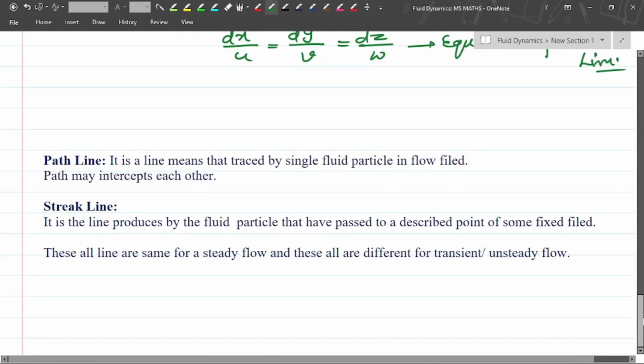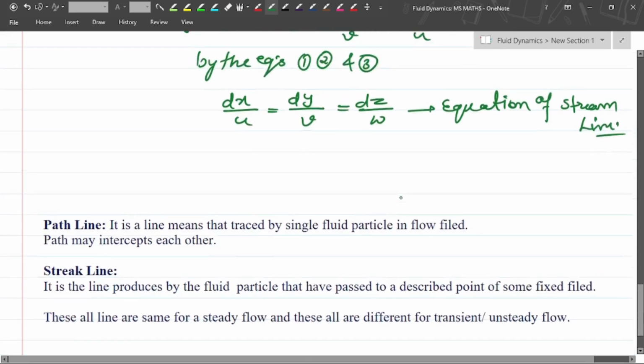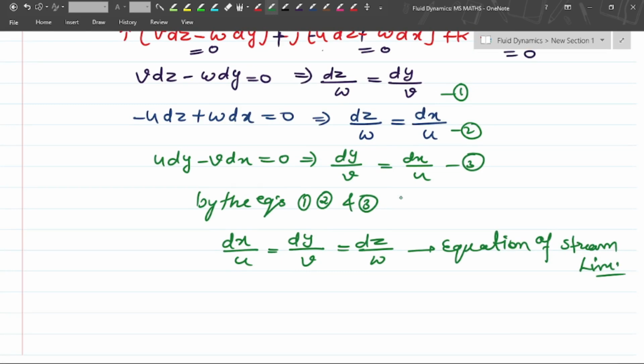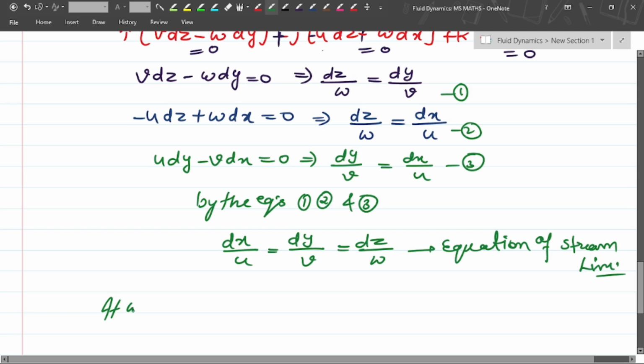Okay. Now, the next definition is the path line. There is one fact about the streamline: it will never intercept each other.